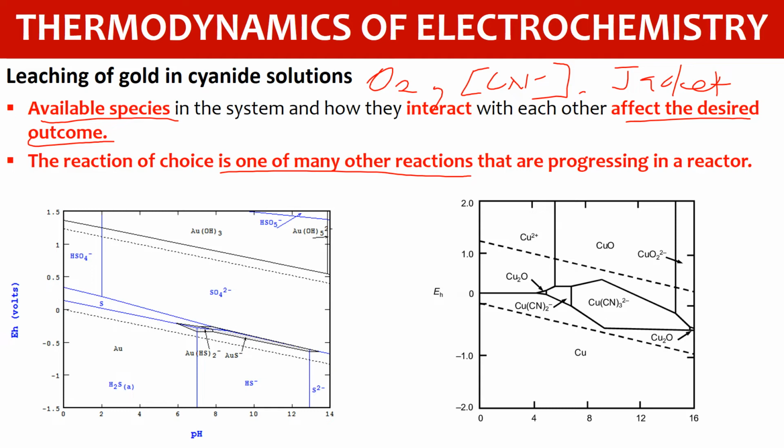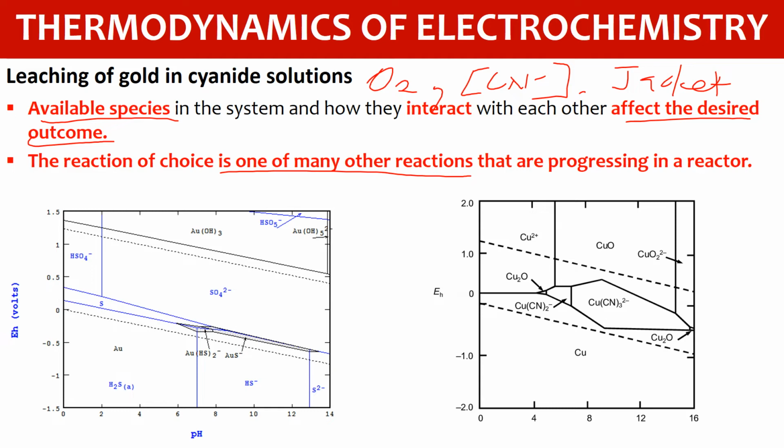So all these are happening in the background, and even so, your processes are affected. Your oxygen is being consumed, and your cyanide is being consumed by cyanicides. Then instead of your gold being leached into solution, a jacket effect forms: a sulfide layer on the surface of the gold.